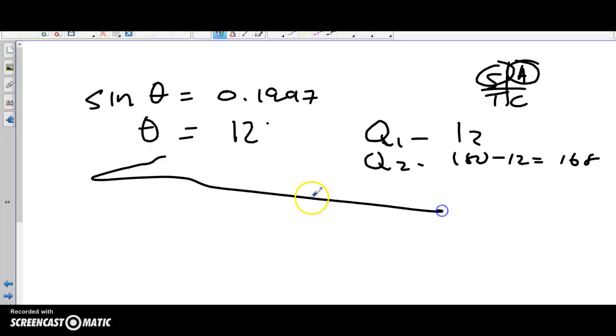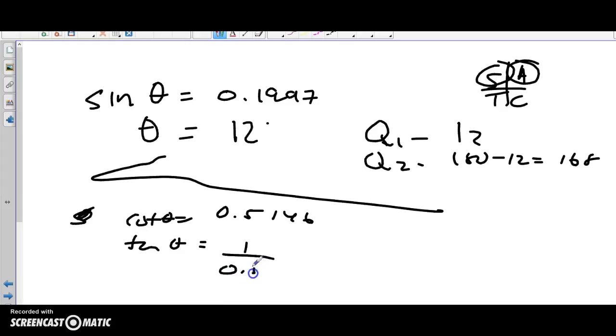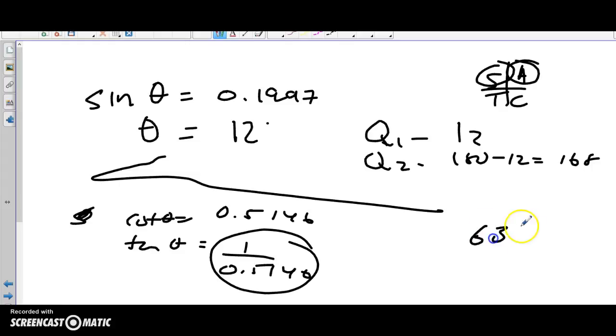The final one, I have 48 seconds. Can I get it off here? Pressure's on. Cotangent is equal to 0.5146. I won't answer that. I'll answer this. Tangent theta is equal to 1 over this. So throw that in the calculator. 1 divided by 0.5146. It's second function tan. And when you do that, you find out that your answer is 63 degrees.